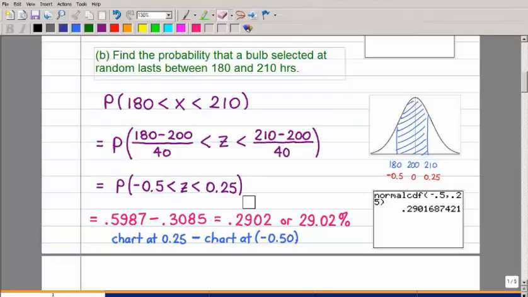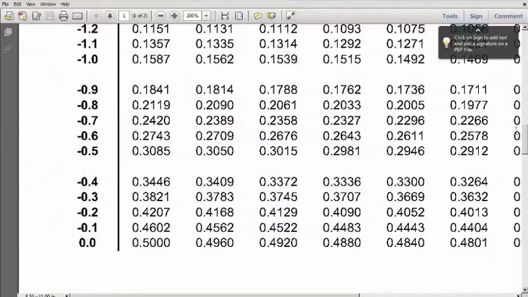So if you look up 0.25 on the chart, it's 0.5987. Then I'll go ahead and look up negative 0.50. Whenever the second number is a 0, the first column is your 0. So negative 0.5, and then that's the 0.00 column. So that's a value of 0.3085.